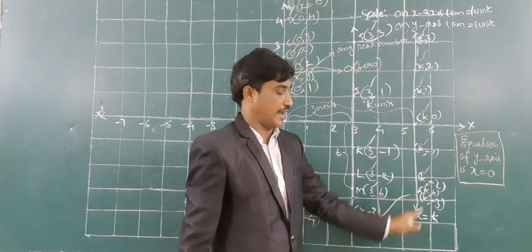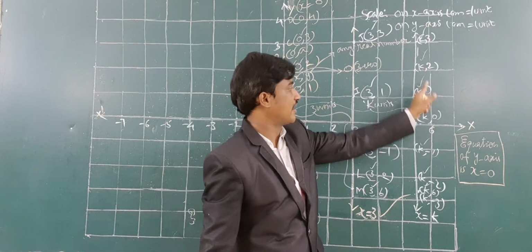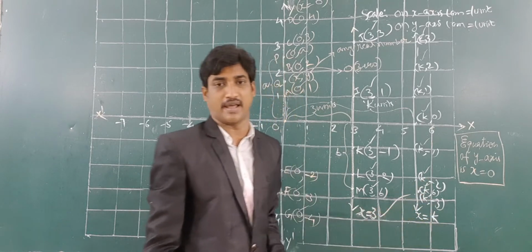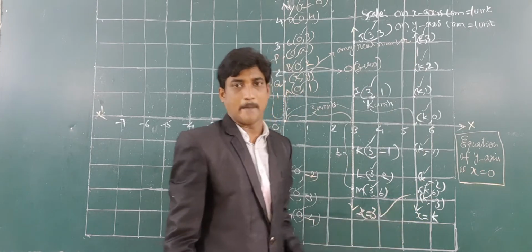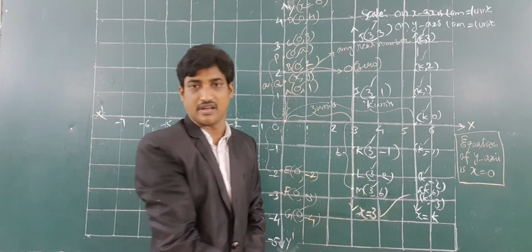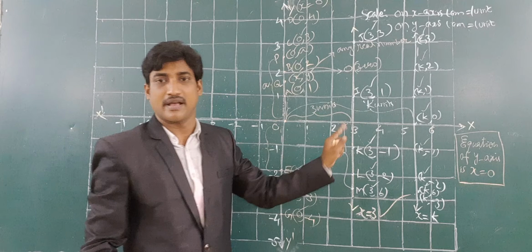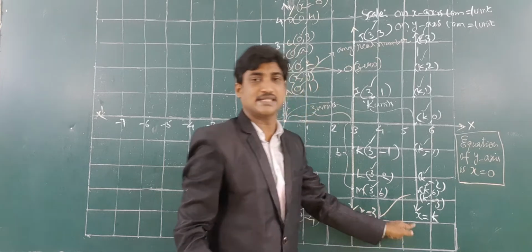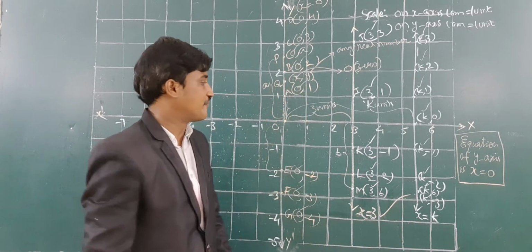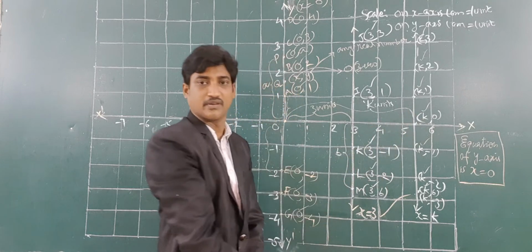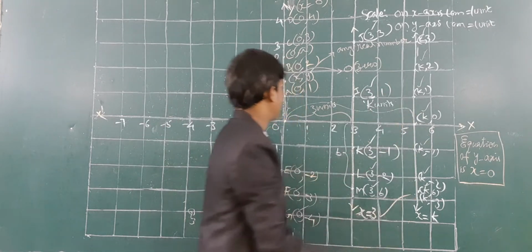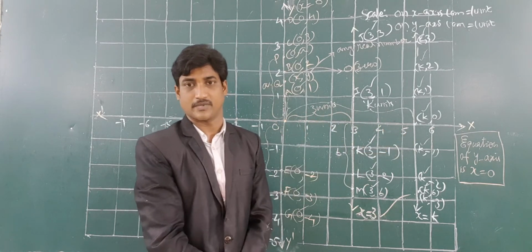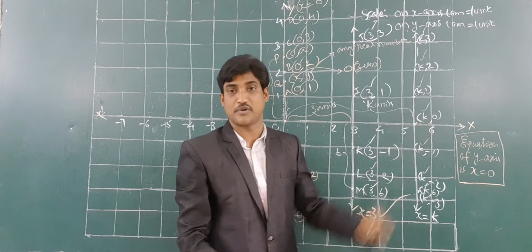Line x is equal to k represents that y is taking any real number, x is fixed constant k. So x is equal to k represents the line which is parallel to y-axis at a distance of k units from y-axis, and which intersects the x-axis at k comma 0.